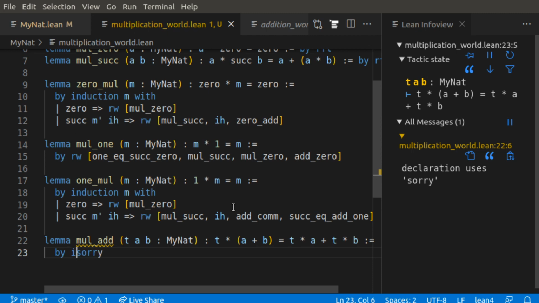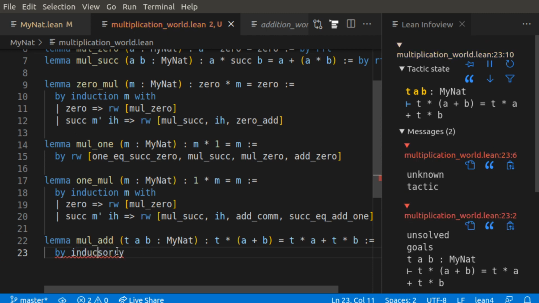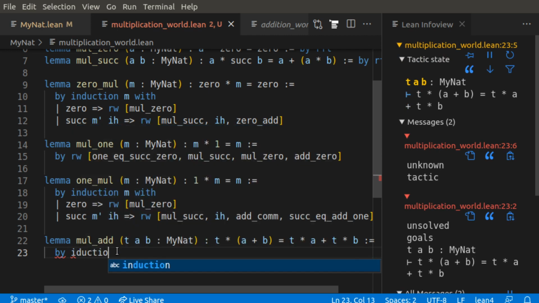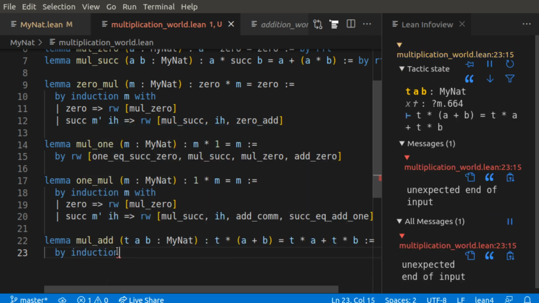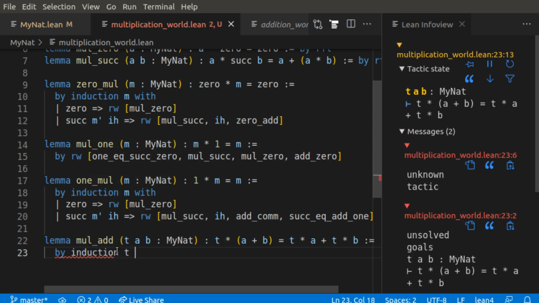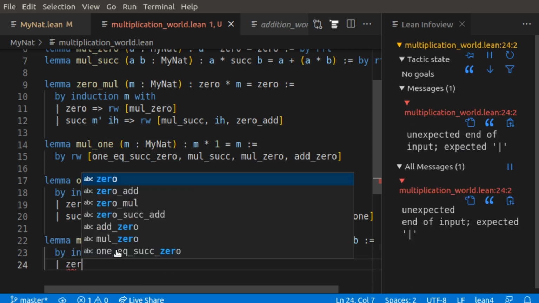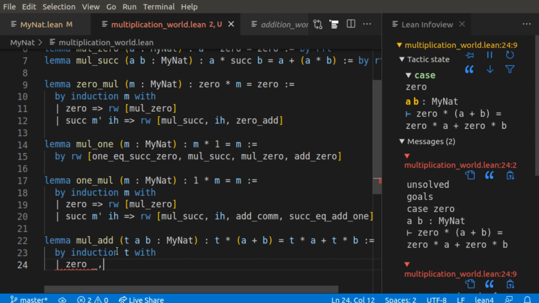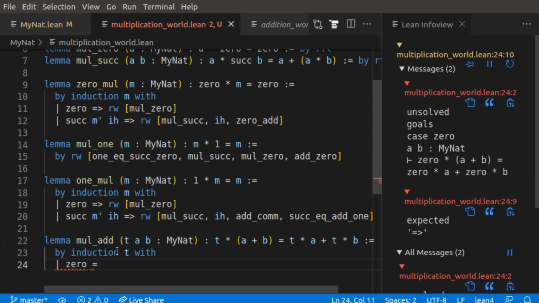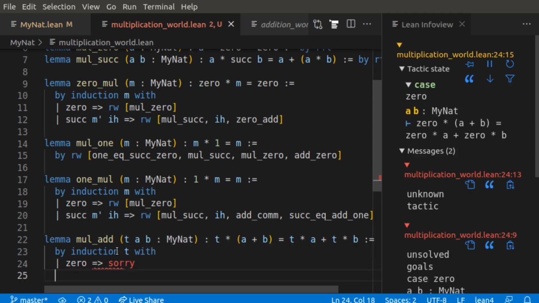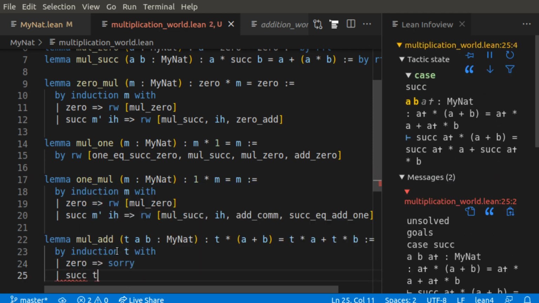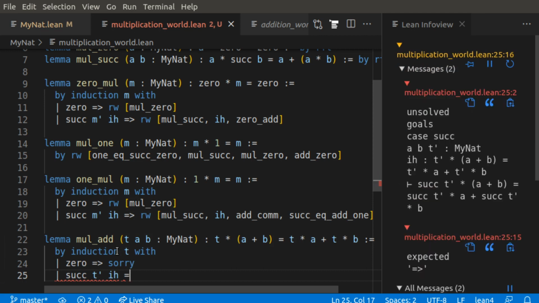Let's see where induction gets us. Induction, probably on T. Induction T with 0 and successor of T prime.